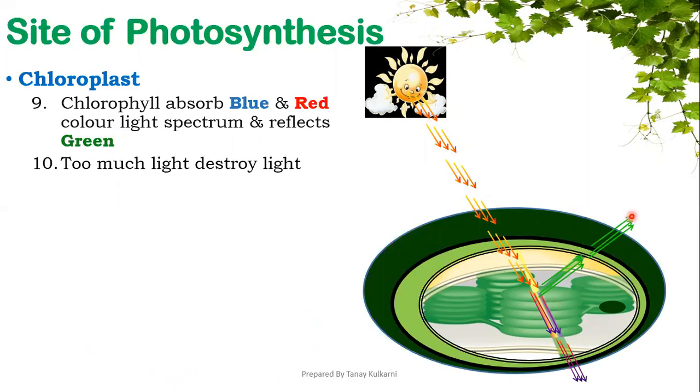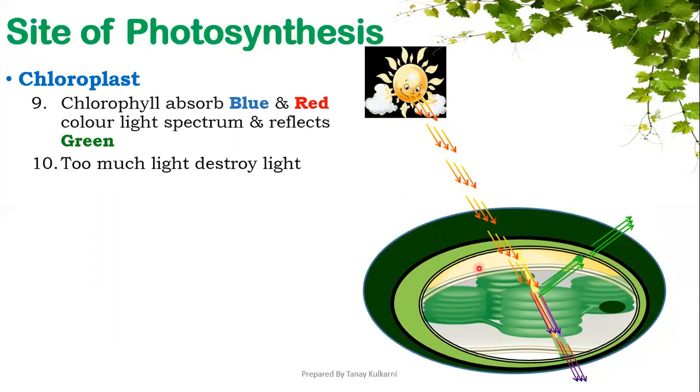So hence the maximum rate of photosynthesis can be observed during availability of blue and red light spectrum. Naturally, that is not possible. So hence chlorophyll absorbs only blue and red light spectrum from the visible light and reflects the green.